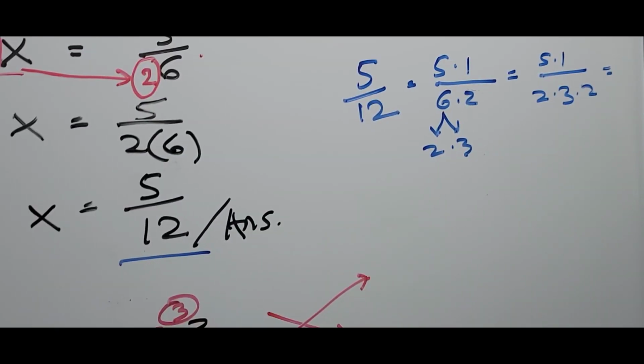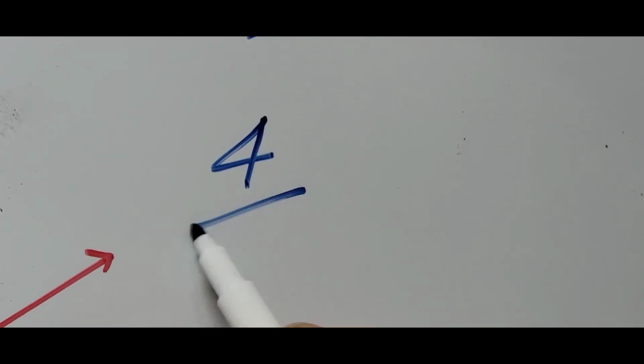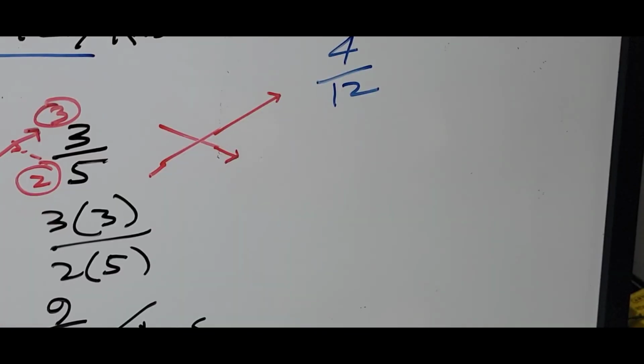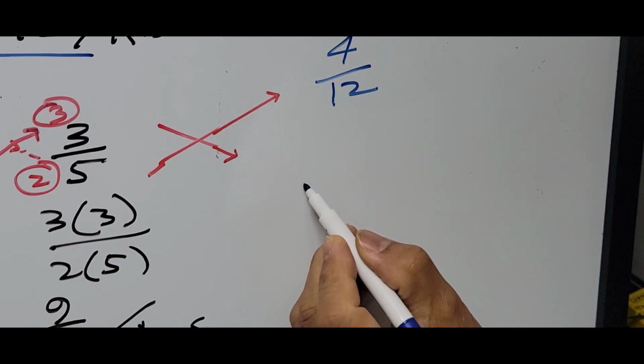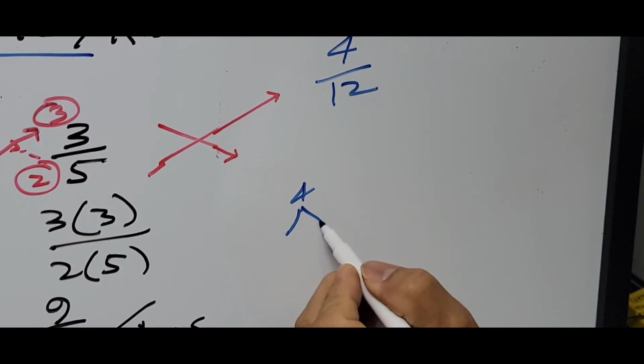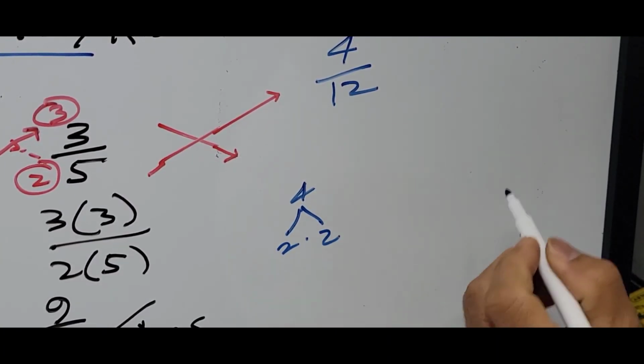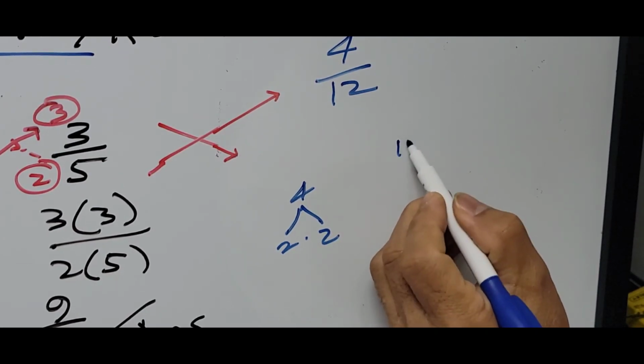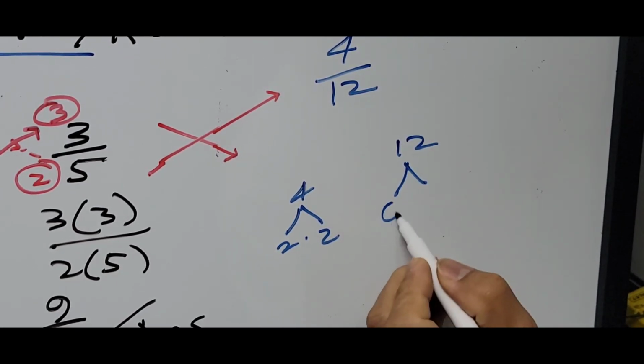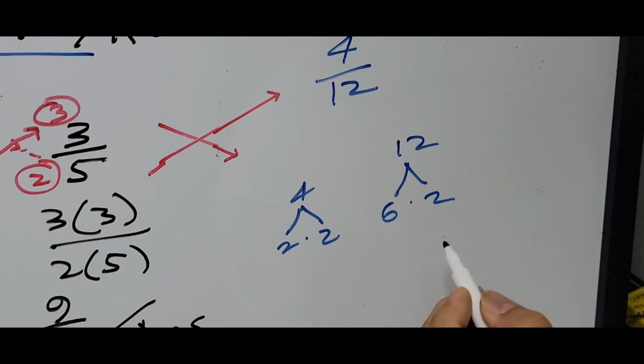So let's do another example. Say 4 divided by 12. Right here, the factor of 4 is 2 times 2, right? The factors of 12 are 6 and 2, and 6 is factorable still, so that's 2 and 3.